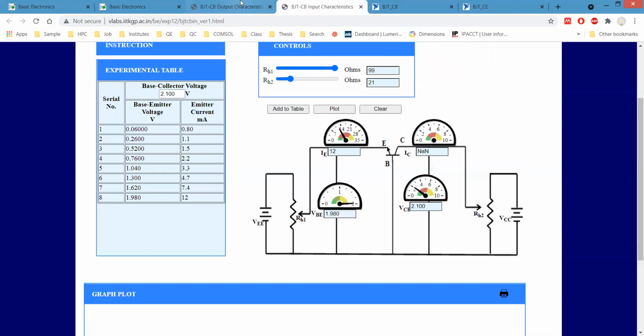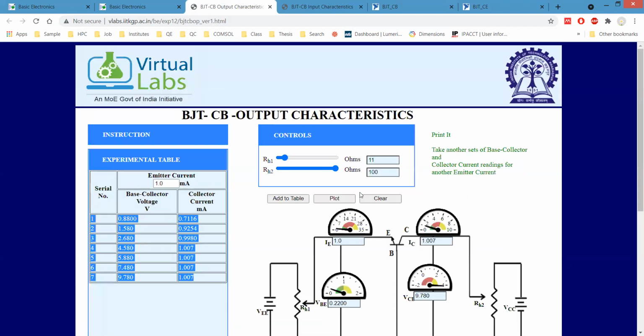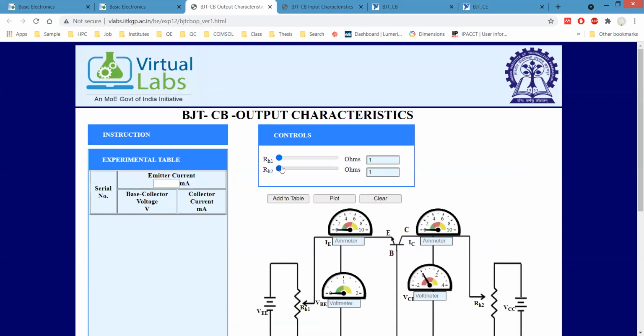Okay, so now let's clear all the values, and let's consider the emitter current as 2 milliamps and have similar data.